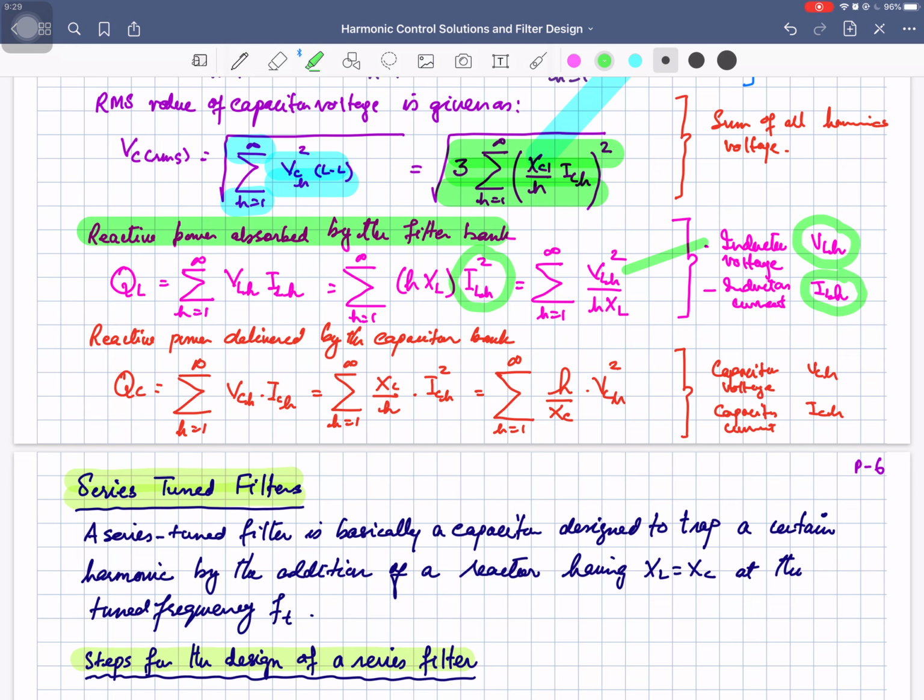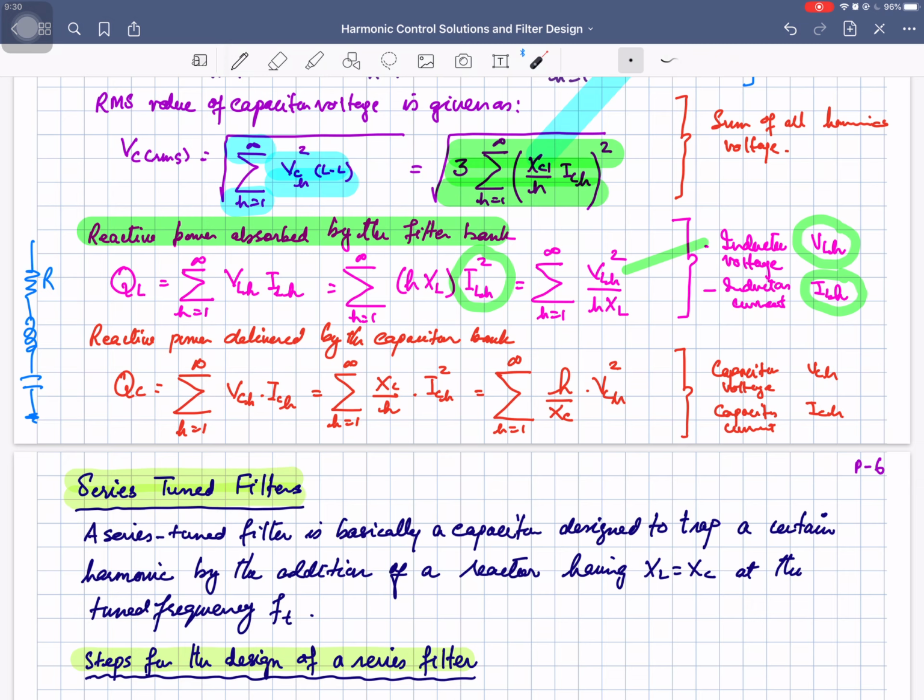Now the capacitor that is present in the filter, if I draw the filter, I am discussing this one: resistance, inductor and the capacitor. So the inductor will absorb reactive power while the capacitor will deliver reactive power, and how much reactive power will be delivered by the capacitor, that will be the voltage across the capacitor into the current passing through it. And we can calculate the reactive power for each harmonic.